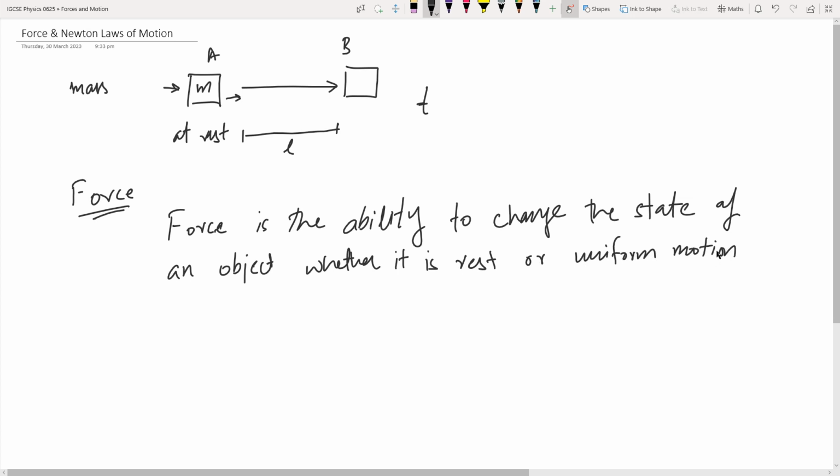Let's just say if an object was already in motion, we can use a force to stop it or to make it go faster, and if it were at rest, then we can make it move from that position of rest to a certain position over a length, right?